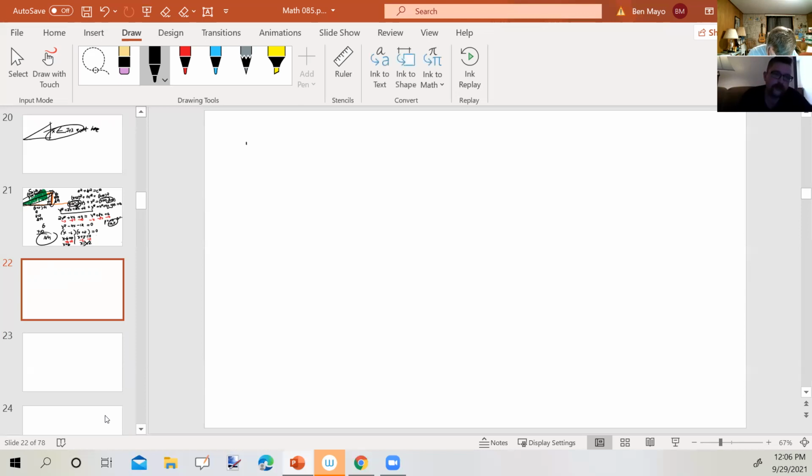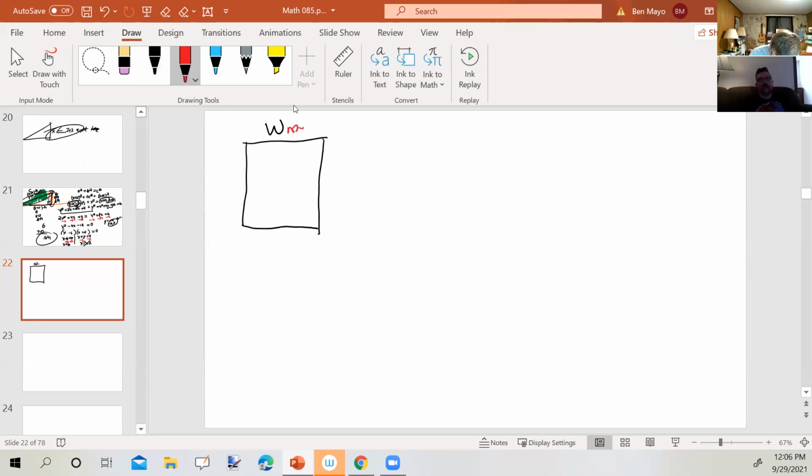All right, so we've got this picture of a rectangular slab, and we are told that this dimension is W meters, and this other dimension is 2W plus 1 meters.